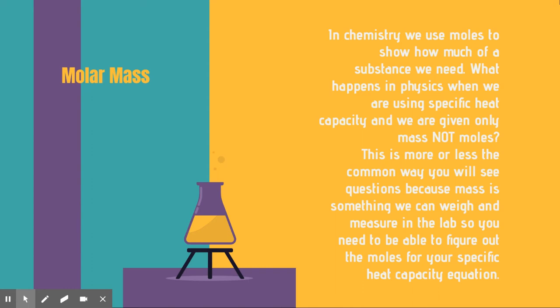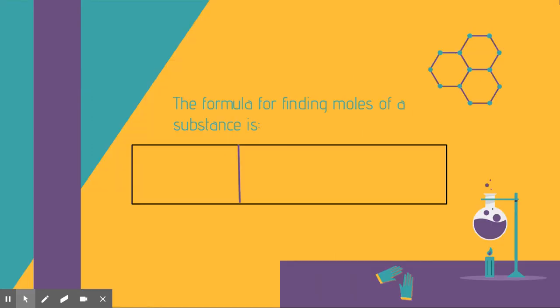So given the mass is the more common way that you'll see questions from now on with molar mass equations, because the mass is something we can actually physically weigh in the lab. So you need to be able to figure out how to solve for moles when we give you a mass in your specific heat capacity equation, which we haven't learned yet, but we will.